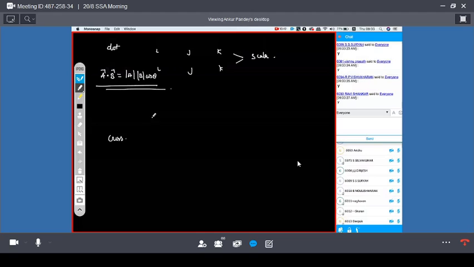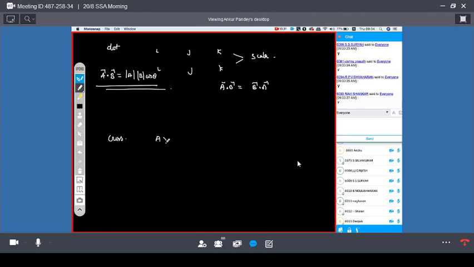Easy? No doubt? Also, please remember A dot B is equal to B dot A, which is not same in the case of cross product.